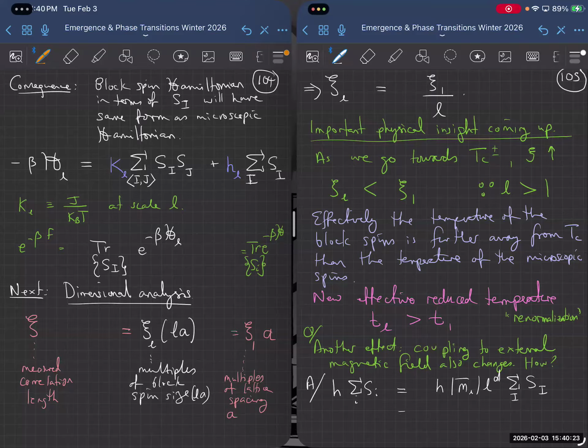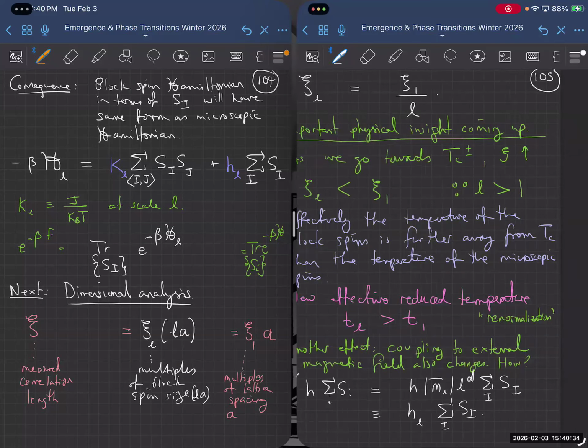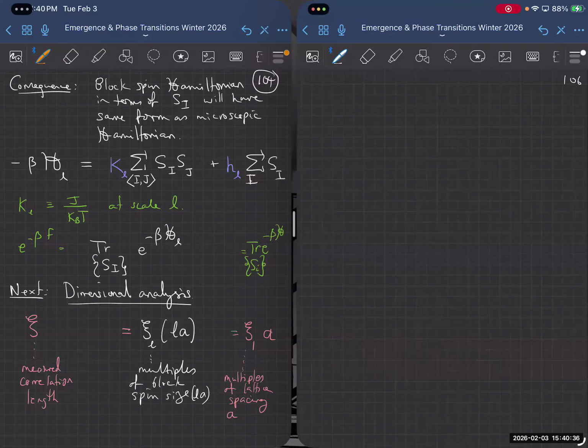And so I can write this as H_L sum over i S_i. And now I've got an H_L, an external magnetic field, that now is related to the original external magnetic field by this term here, which we have to be able to compute.